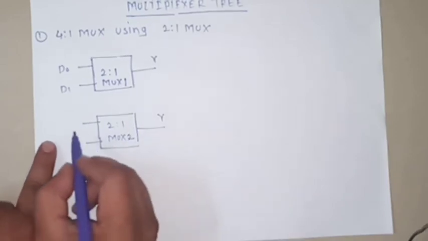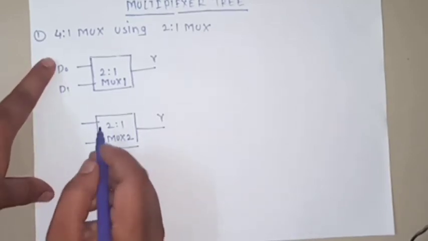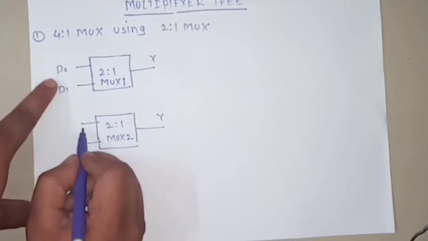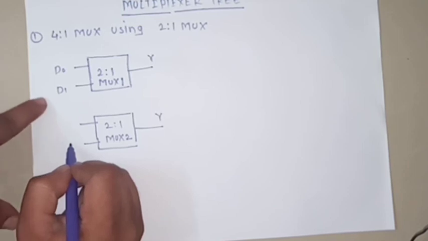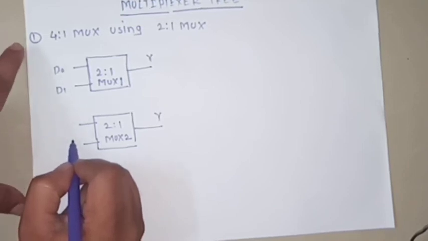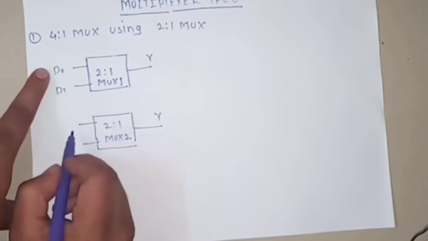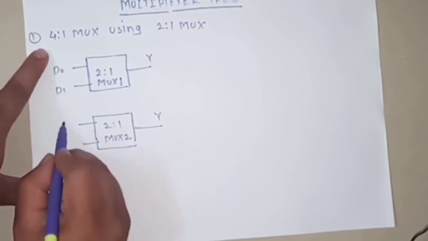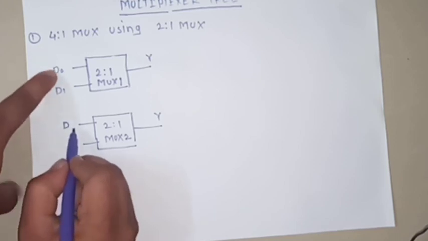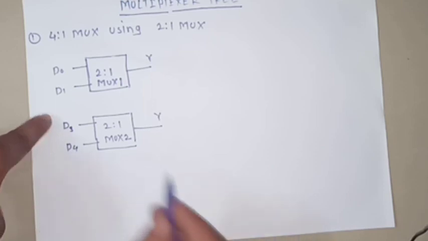Normally we indicate inputs as D0, D1, but in this case we are going to cascade these two multiplexers, so for the 4:1 mux the inputs are D0, D1, D2 and D3.